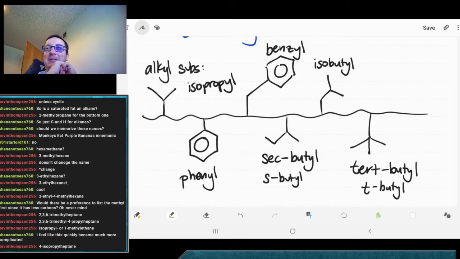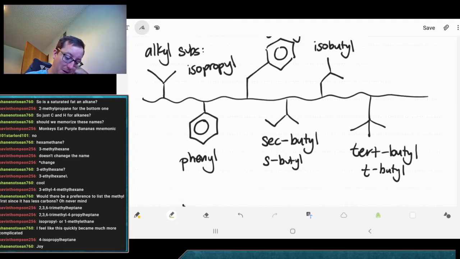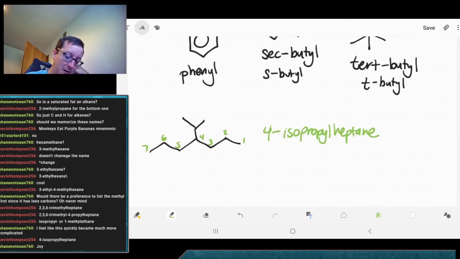So these are just more substituents. So unfortunately, there's a ton of information. The best part, though, is this is the hardest part of nomenclature, is learning these basics. And once you do that, adding more functional groups on is not going to be a problem. This is the hardest part of naming, at least. So, 4-isopropylheptane, that works.